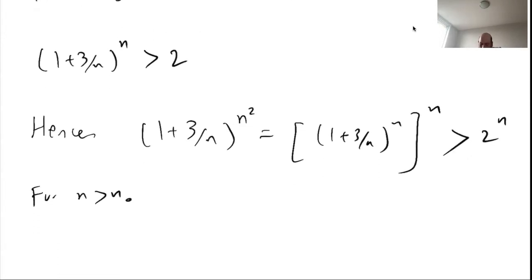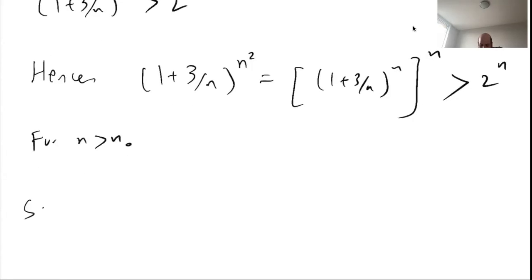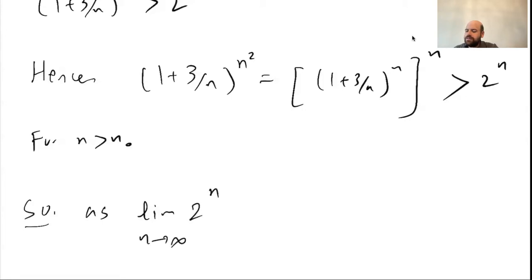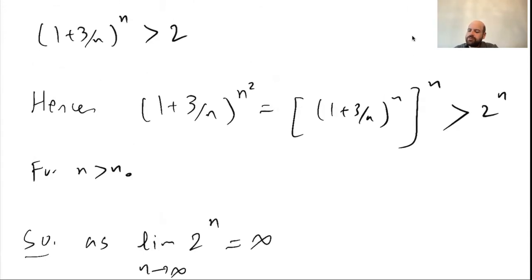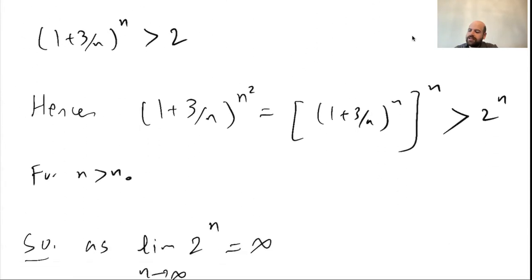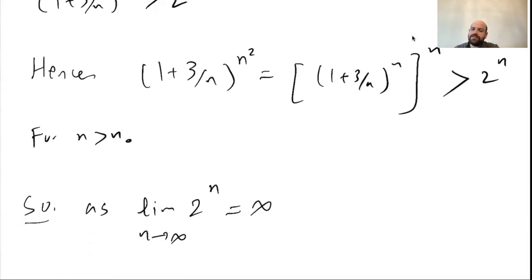Therefore, what can we conclude? As n goes to infinity, what will be the limit of 2 to the power n? The limit will be infinity, right? 2 to the power infinity is infinity. So this expression given to us is bigger than an expression whose limit is already infinity.